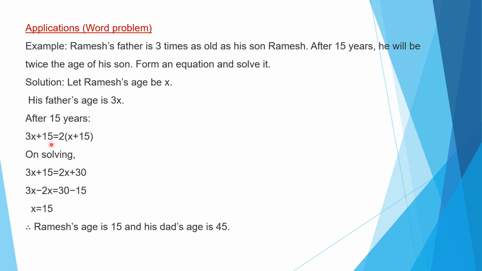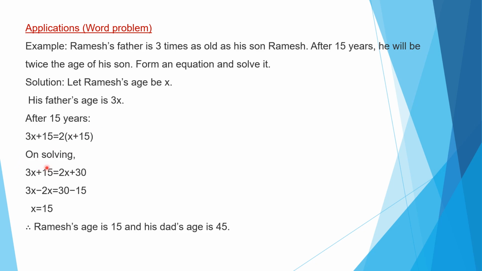Father's age is 3x plus 15. Why 3x plus 15? After 15 years they are asking here. So Ramesh's age is also x plus 15. This is 3x plus 15. But what he told later, he will be twice the age of his son. That means we have to multiply this entire expression by 2, because twice the age of his son, right?